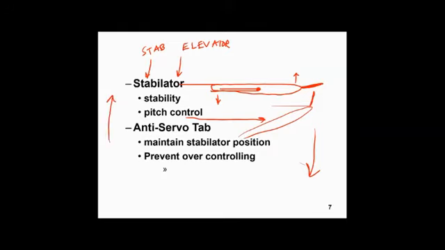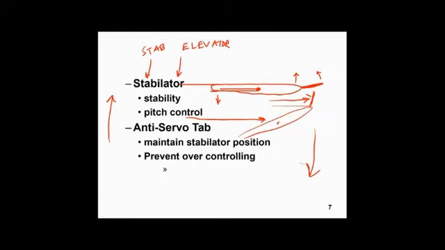You'll notice how, though, I drew this trim tab or anti-servo tab a little differently. As this entire stabulator, the entire tail surface moves. That is, the stabilizer and the elevator is one piece, so the whole thing moves. When the stabilizer leaves neutral, this anti-servo tab actually moves up a little bit, and now the air is hitting it, and it makes it harder for the pilot to go to full control travel and pull the nose back.